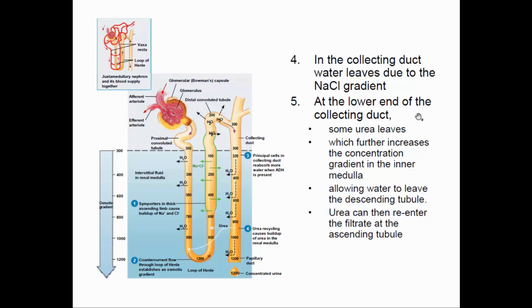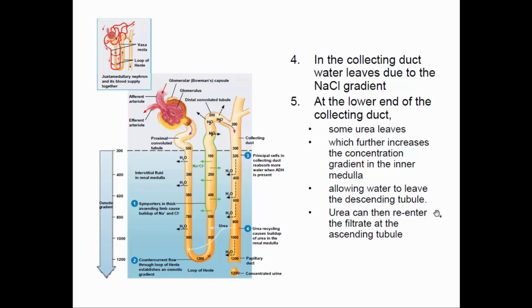So at the lower end of the collecting duct, some urea leaves because once we pass this area, we're no longer pumping out sodium chloride, so we need some other kind of solute. So we pump out some urea, and that acts as a water magnet to pull more water out of the collecting duct. Some urea leaves, which further increases the concentration gradient in the inner medulla, allowing water to leave the descending tubule.